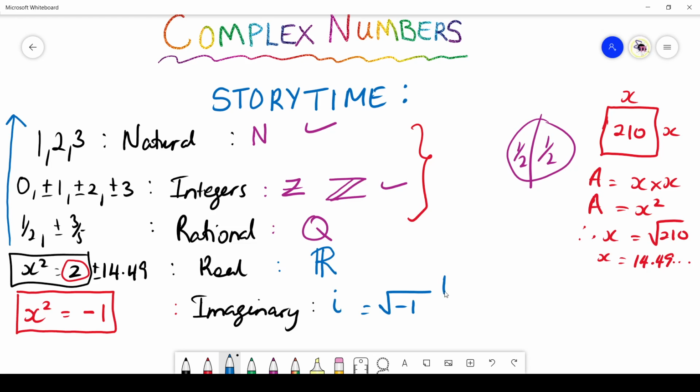Sometimes people like to learn it as i squared is equal to -1. And that was done, I guess, because they just do not like to see the negative sign popping up, to eliminate it in a way.